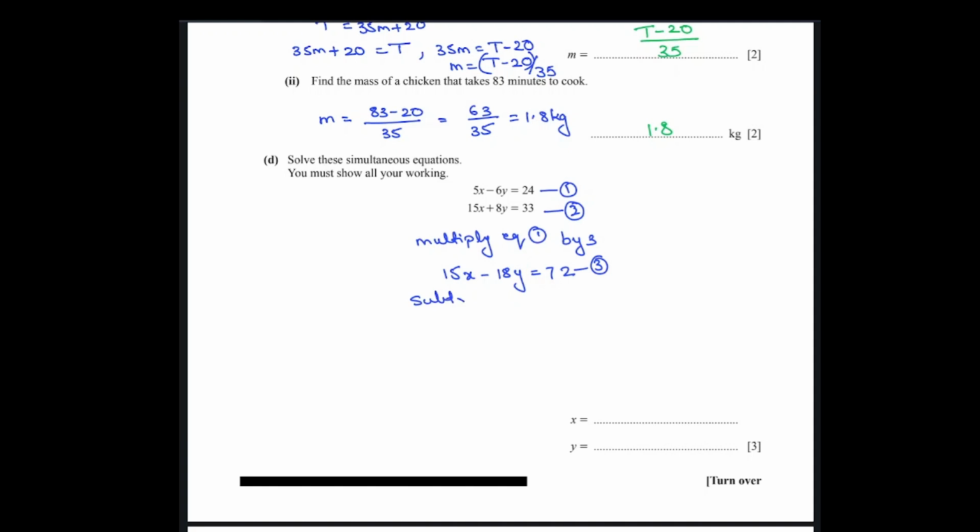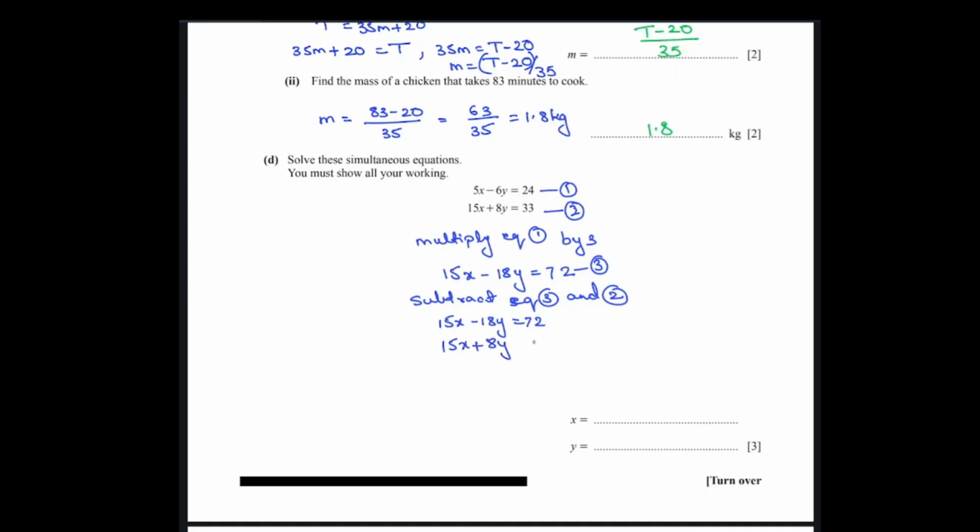Subtract equation 3 and 2. So 15x minus 18y is equal to 72, and 15x plus 8y.